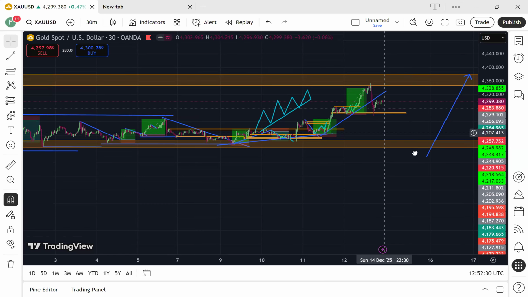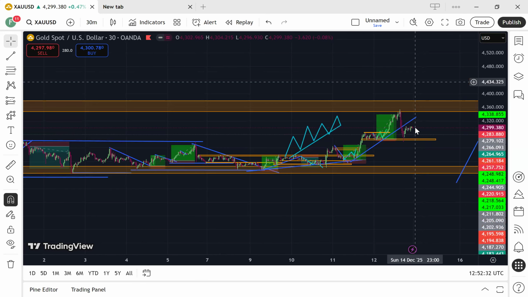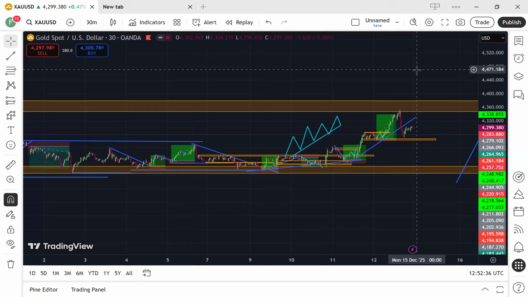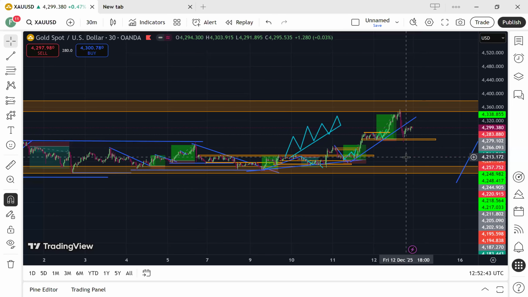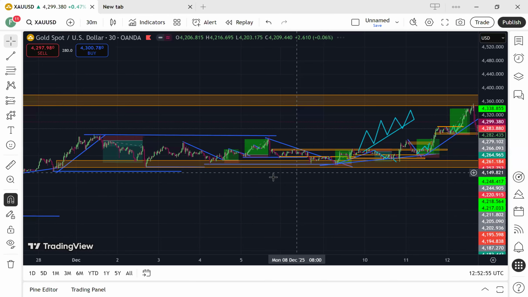You're looking at a resistance. If it breaks here, which side? It's the three minutes. I'm looking at a major resistance at that time frame. What if it breaks the resistance going upwards? Do you have to wait for a retest before you take it? Yes.